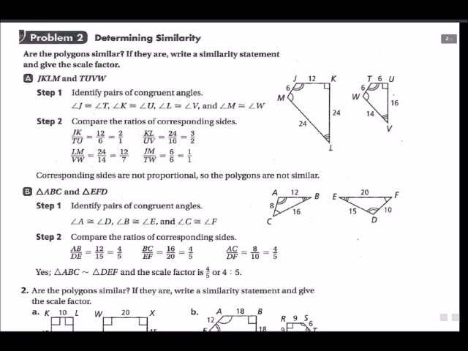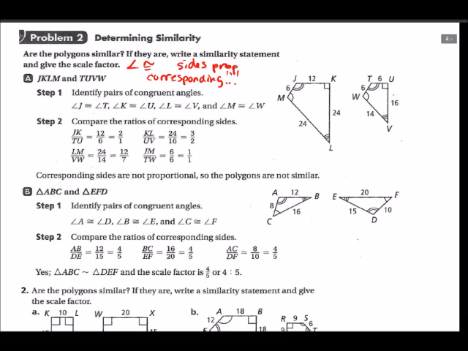How do we know if they're similar? If they're similar, our angles will be congruent and our sides will be proportional. And these must be corresponding. That's important.